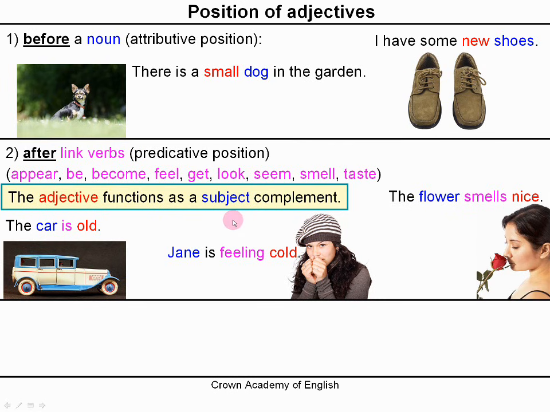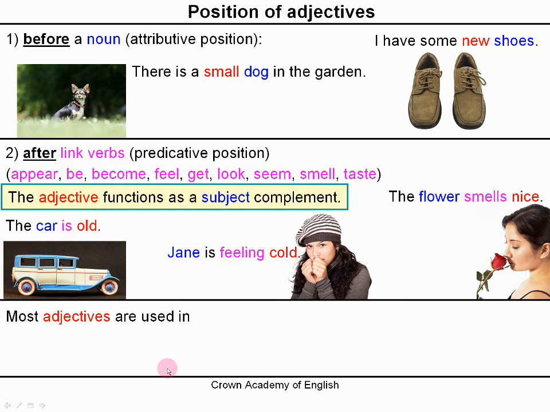So this means that the adjective is describing the subject of the sentence. Okay, it's giving us more information about the subject. So here the subject is flower. And nice is giving us more information about the flower.